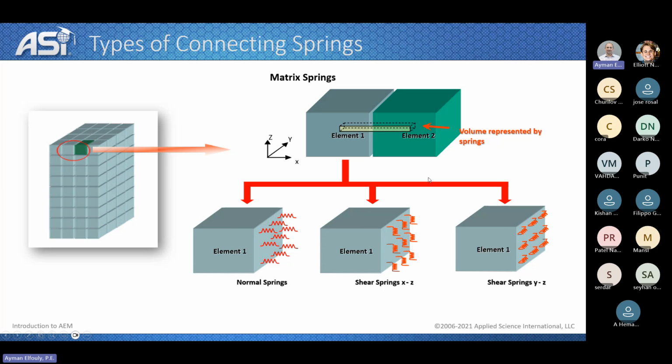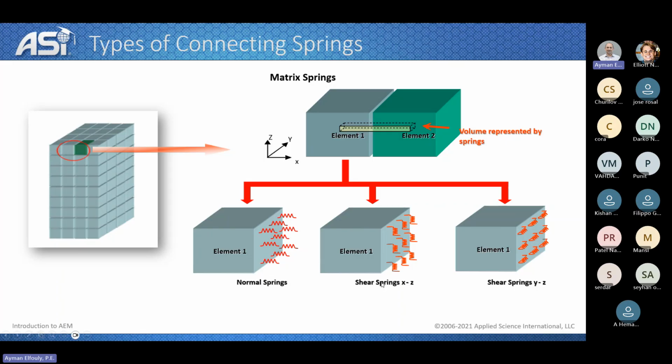First, we are going to speak about the concrete material, or what we call the matrix springs. Between each two elements, at the interfaces between them, we generate what we call material springs. The material springs represent the axial deformations and the shear deformations that happen inside the material.